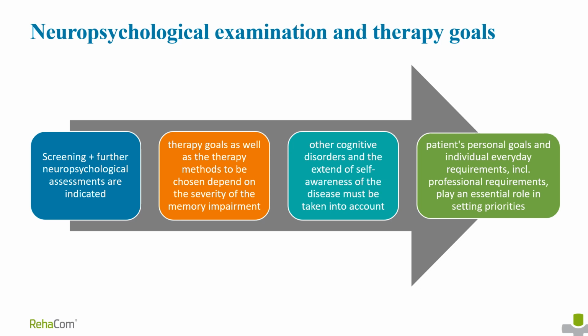If patients complain about relevant memory disorders in everyday life, regardless of whether a neurological disease is recognizable, an orientating screening of the cognitive performance should be carried out. If there are any notable deviations from the norm, the cause of the deficits must be found out and further neuropsychological assessments are indicated.